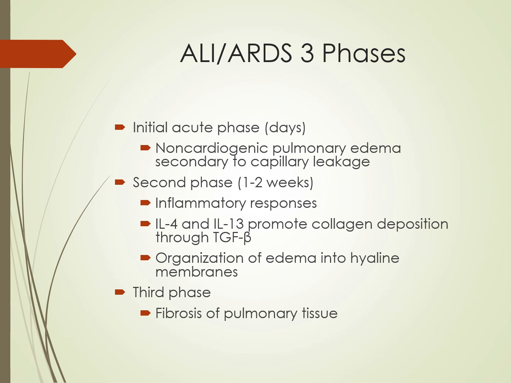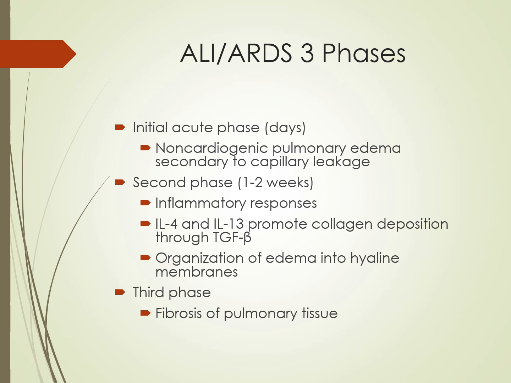Three phases are also recognized in the evolution of ARDS. The initial acute phase consists of non-cardiac pulmonary edema. The second phase, which is typically 1 to 2 weeks, is an inflammatory response where you have interleukin-4 and interleukin-13, and this promotes collagen deposition.